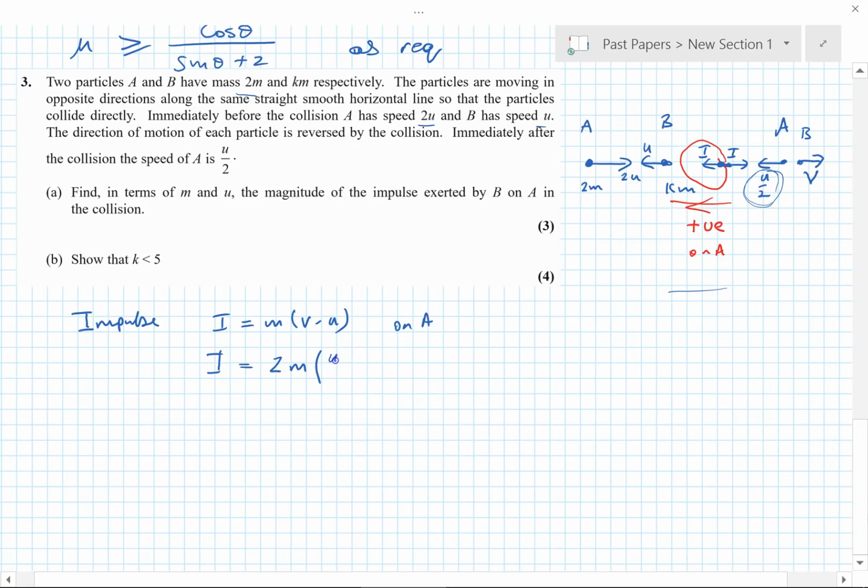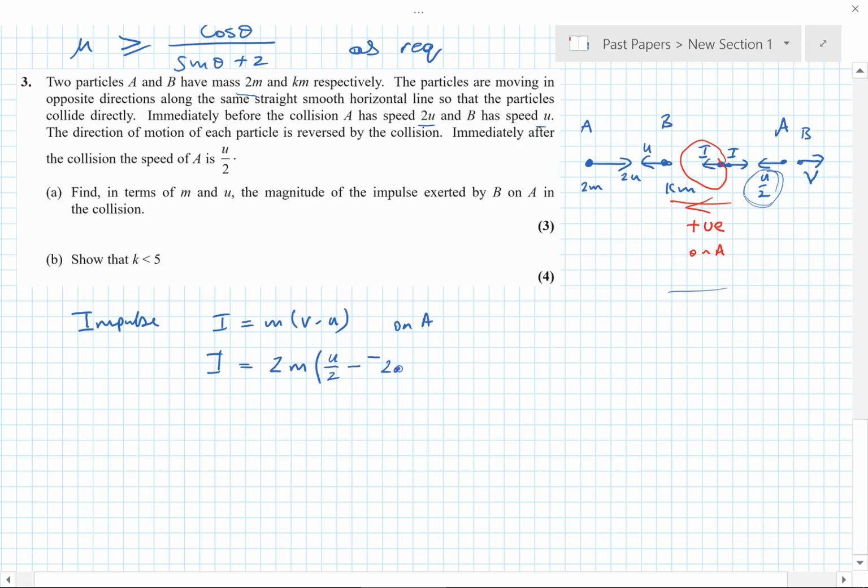So that's positive u over 2, take away the initial velocity, which is this 2u here. But that's going to be negative because it's going opposite to the direction we're applying the equation in. So that's negative 2u.